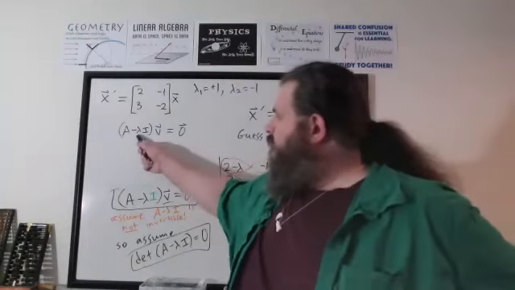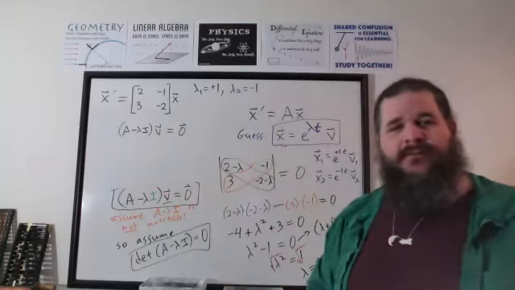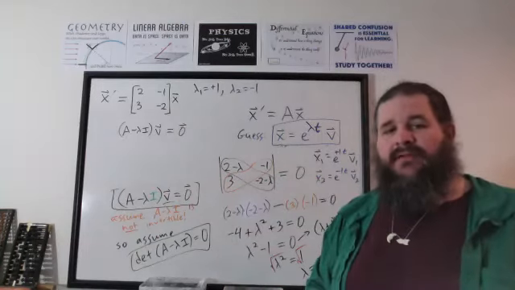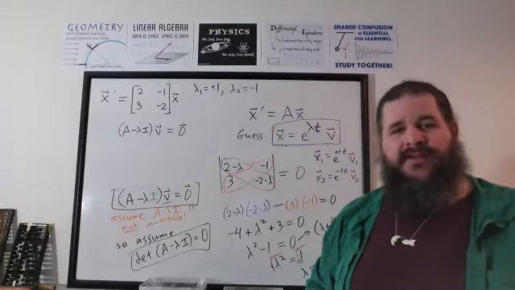Knowing lambda, how would you solve for the null space? How would you solve a matrix times a vector equals 0, keeping in mind that this is non-invertible? So what's the other way to solve a matrix equation like this?